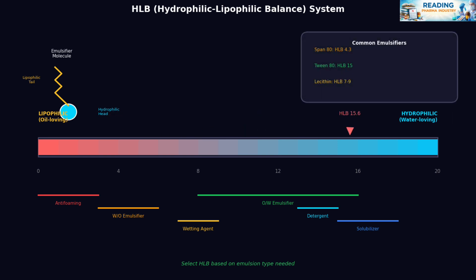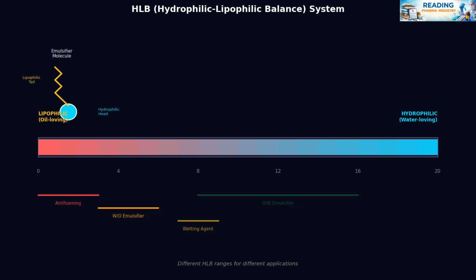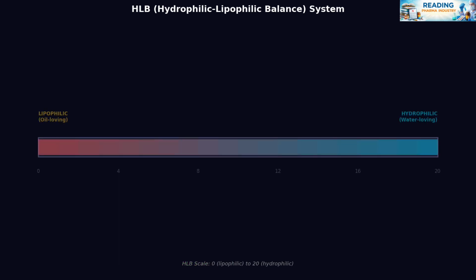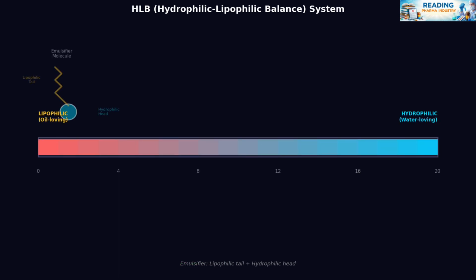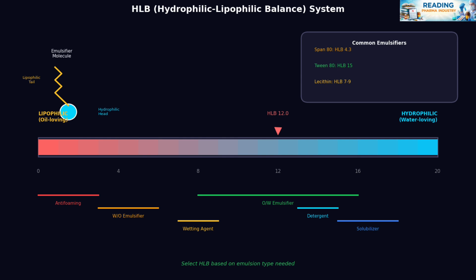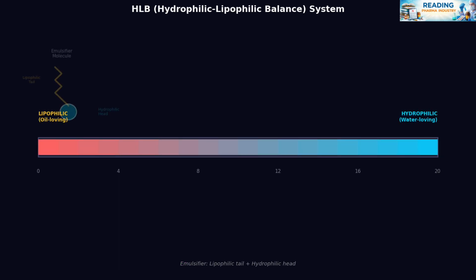So for example, a smaller HLB you would use for applications, for example, in water in oil, or anti-foaming. And as you go up, you use wetting agents, oil and water formulations, when you go towards that HLB value of 12, and when you go higher, detergents and solubilizers.